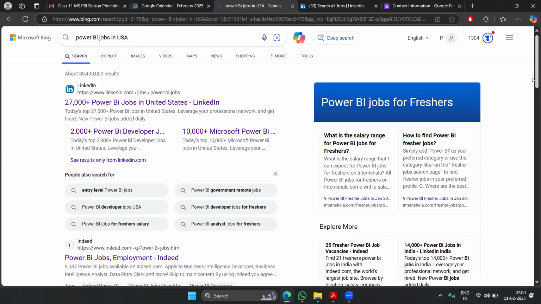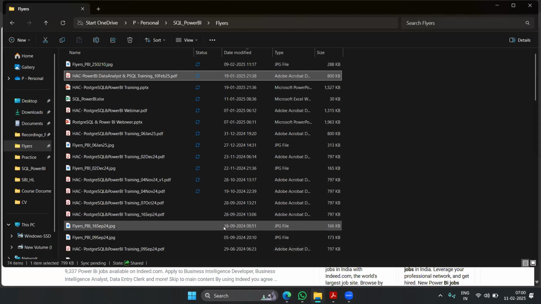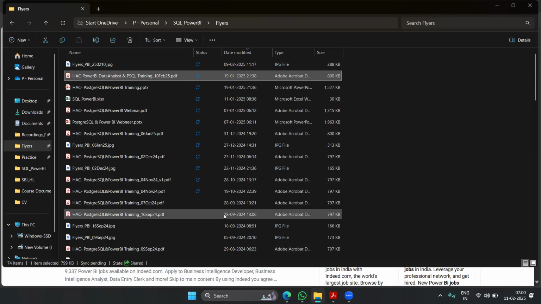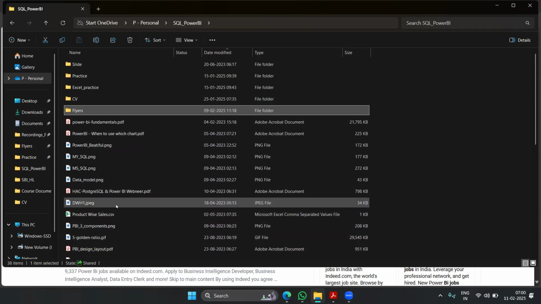The job market is very huge. Why? I'm just showing you one simple image. Since Power BI mainly does visualization, I keep good visualizations or images. Let me open one more image for you. Where is that one?